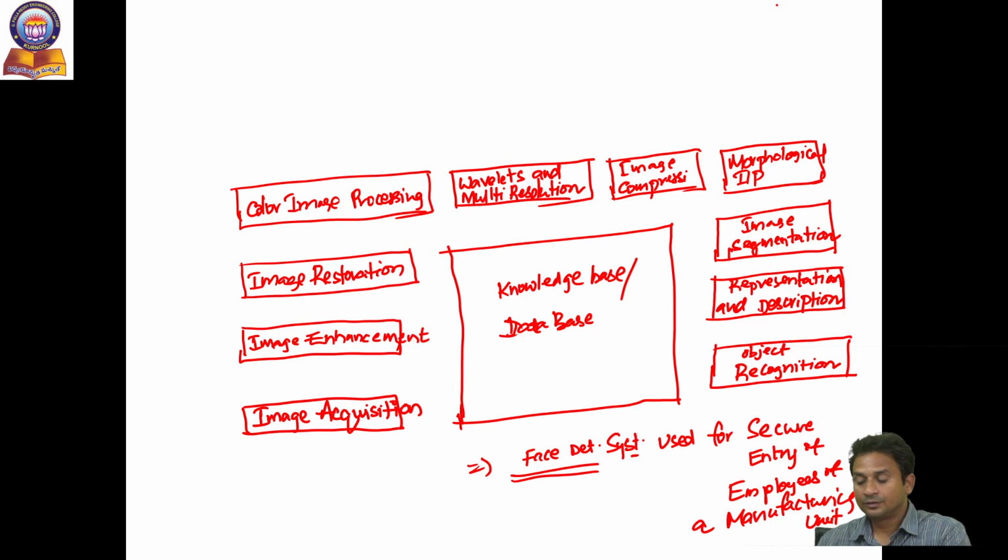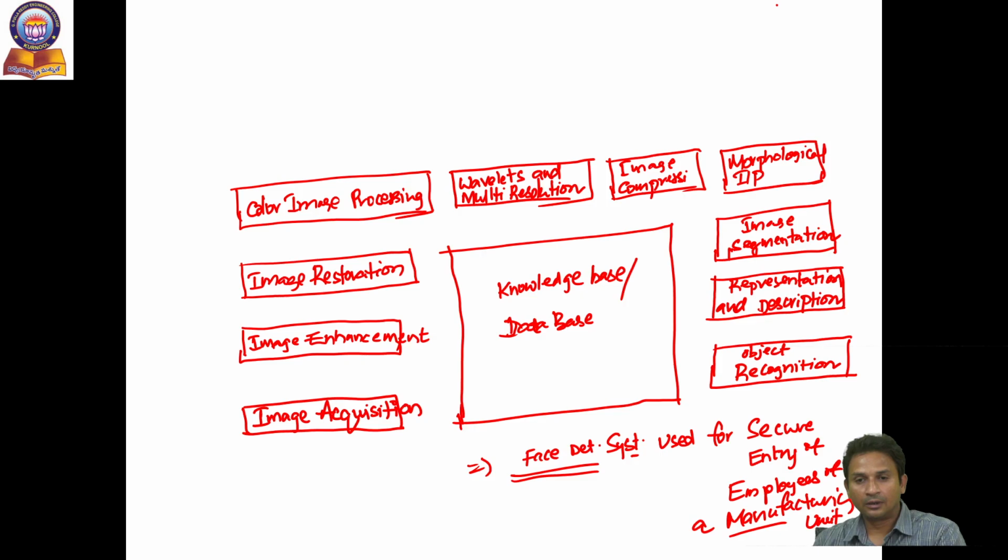So if you want to implement this application, there must be a database of authenticated or allowed employees of the manufacturing unit. If the manufacturing unit has recruited, say, 1,000 employees, the faces of all 1,000 employees have to be stored in the database.